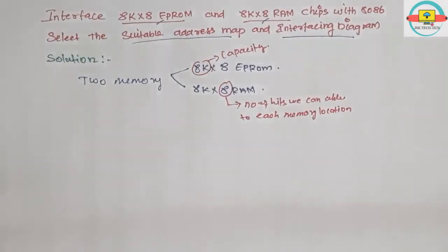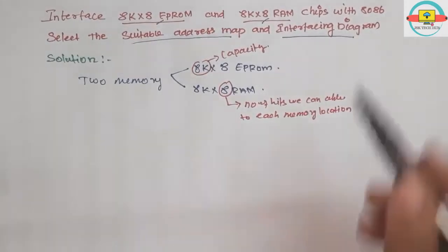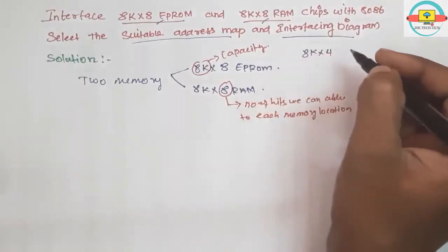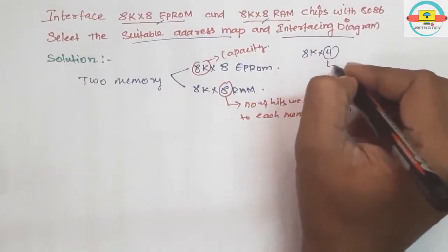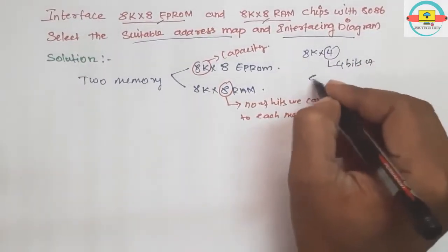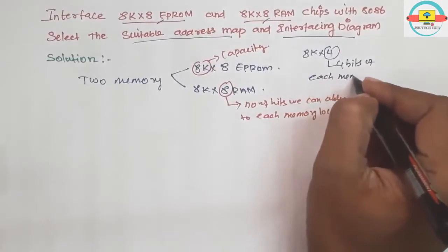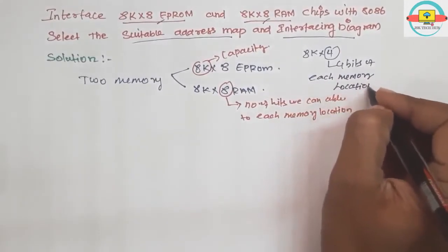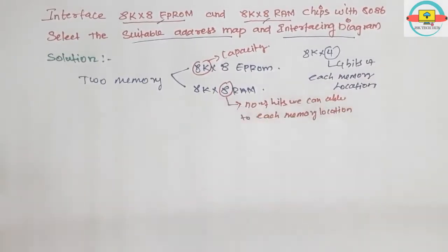For example, if my memory chip is 8K into 4, it means we can store only 4 bits of information in each memory location. So this is what the 8 represents.